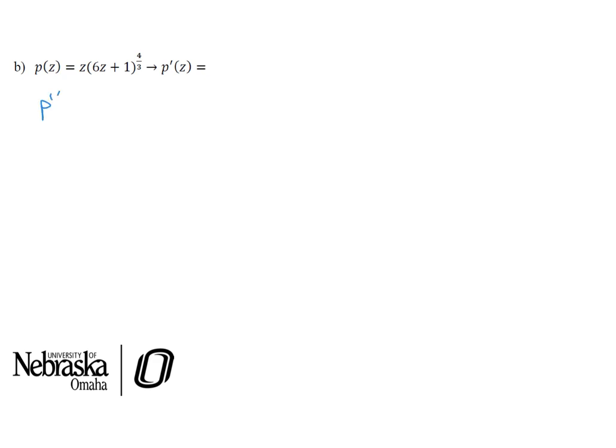So when we take the derivative of it, we have the first term times the derivative of the second. So when we take the derivative of the second, we're going to multiply the 4/3 in front, decrease the exponent by 1. So 4/3 minus 1 is 1/3, right? 4/3 minus 1 is the same thing as subtracting 3/3, so we get 1/3.